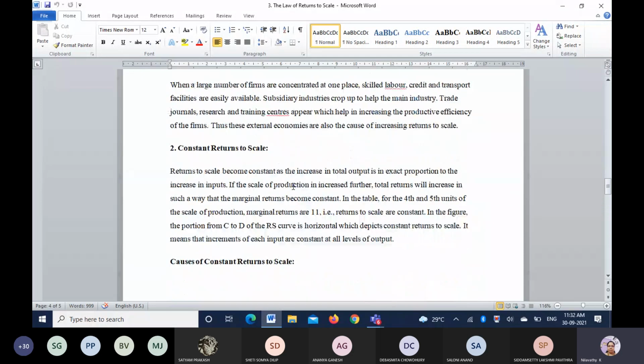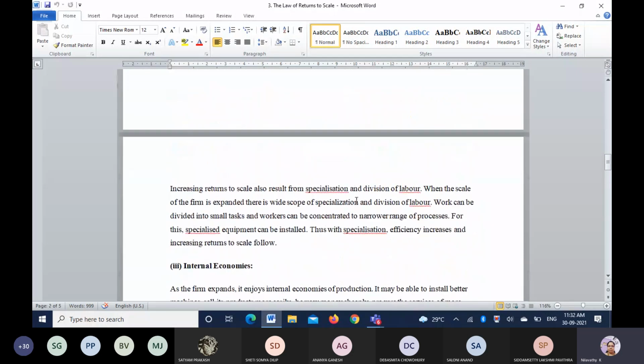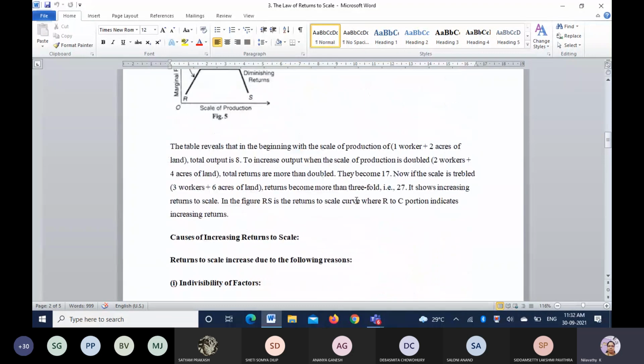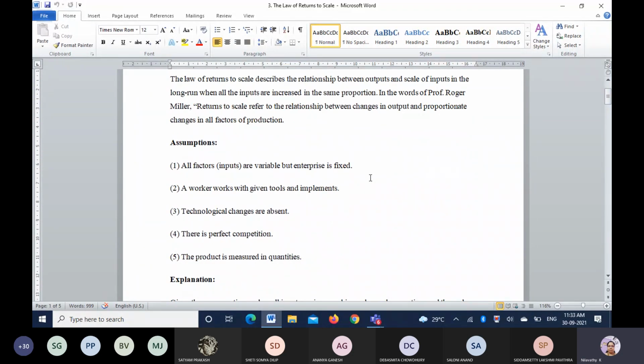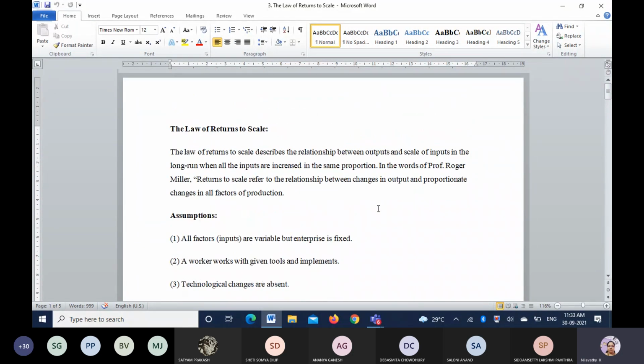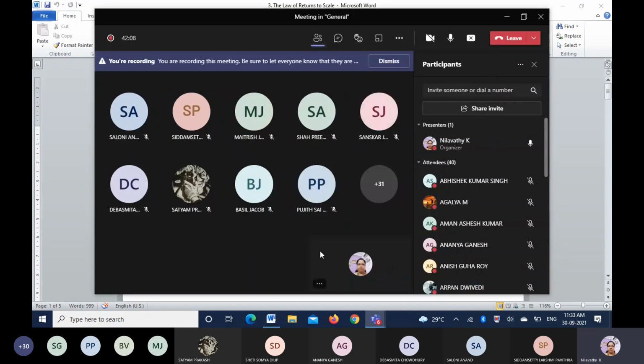So I think you have got the point of economies and diseconomies of scale, along with all these returns to scale. This is the simple concept, simple theory, which explains the production function. According to me, it does not happen to a particular sector alone.